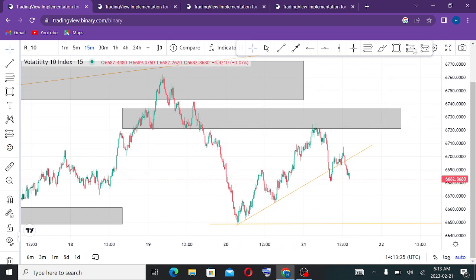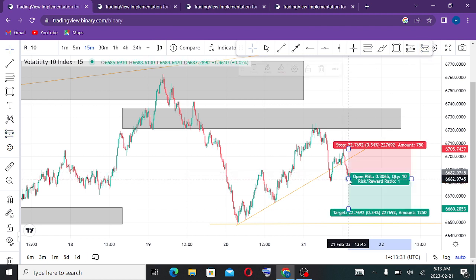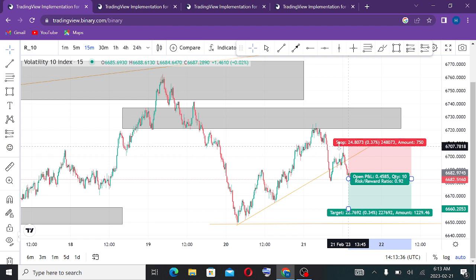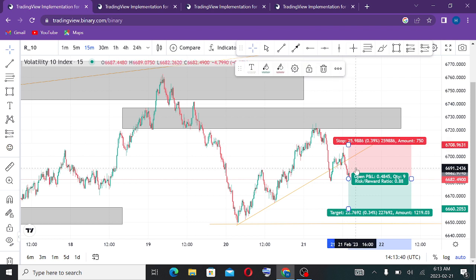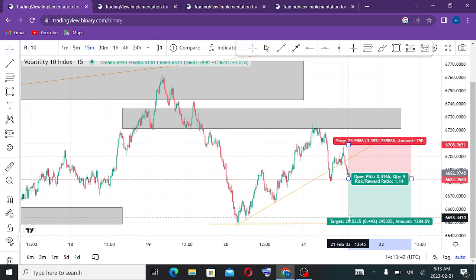Now, that aside, let's see what risk to reward ratio we'll be taking. If I'm taking my entry here, for example, for a sell, I will put my stop loss at this point and then put my take profit at this place.